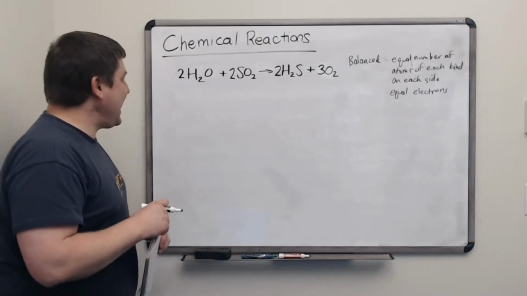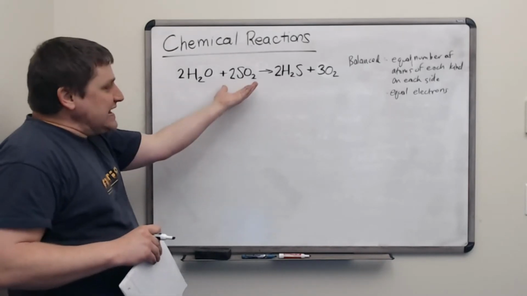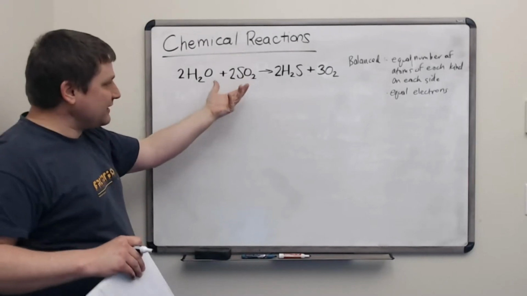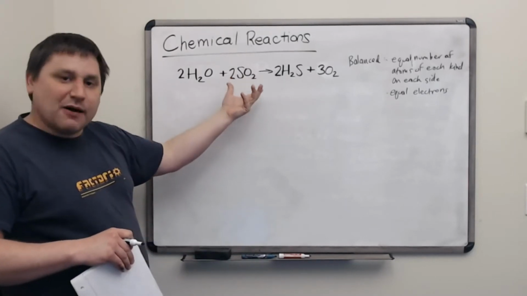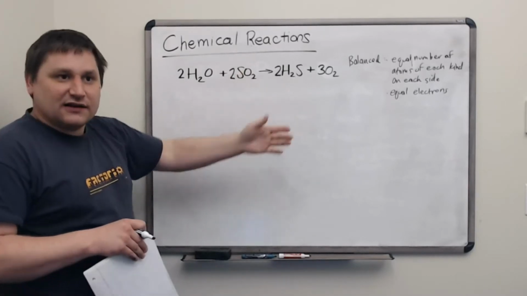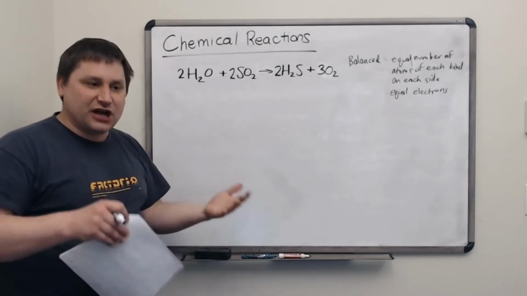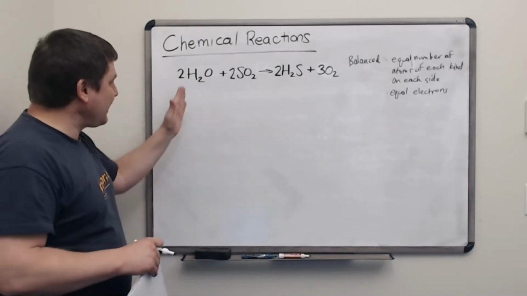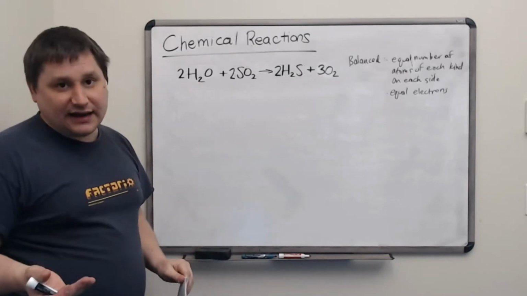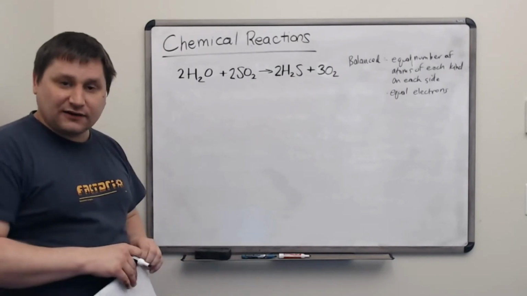We know that if we wanted to run this reaction but we didn't actually have any SO2 in our system at all, then it couldn't go forward because you can't have a negative amount of particles. But if you had a lot of SO2, then it could. So whether a reaction goes or not might depend somewhat on how much of these things there are. Or it could also depend on the external ambient pressure or the external ambient temperature.